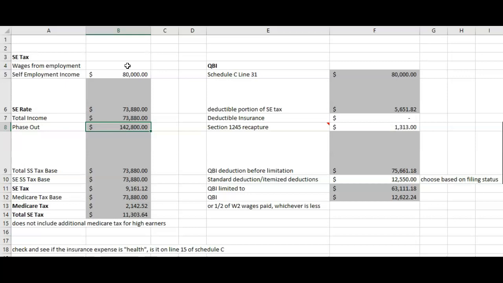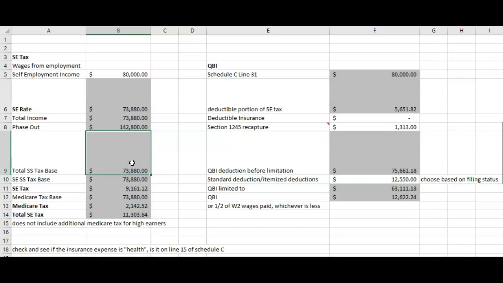I have the phase-out set to where if the person makes more than $142,800, there won't be any additional self-employment tax, at least not the Social Security portion. It will not continue to increase. Medicare tax doesn't phase out. So I just put that in there so that it can be used in the formulas.